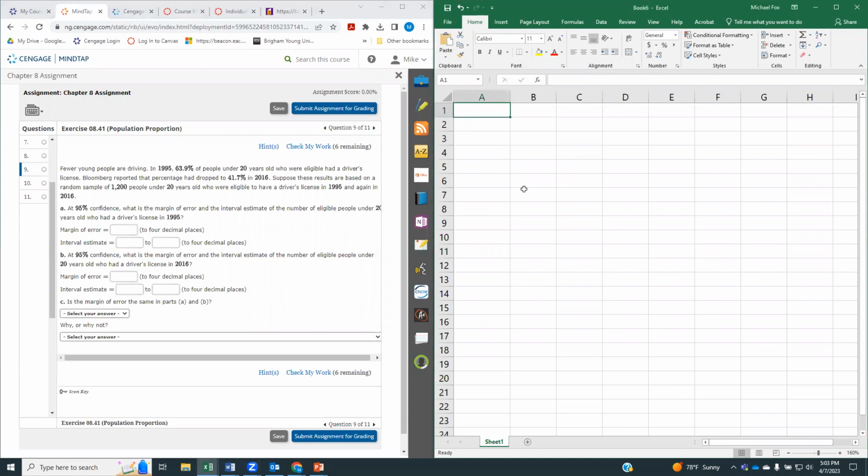So for 1995, we know that we have a proportion of 0.639. You have to be careful because they give us all these numbers like 20 years old that don't mean anything to us. We know our sample size was 1,200. And we know that our confidence level is 0.95.